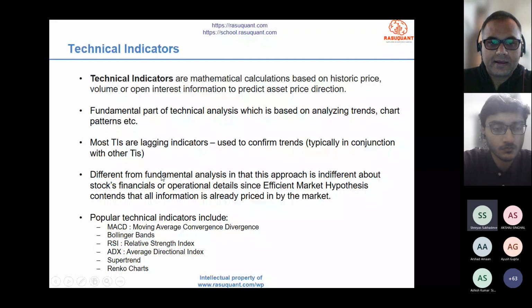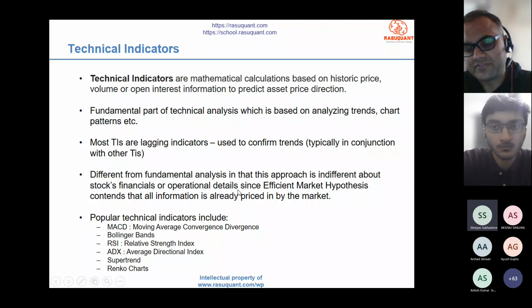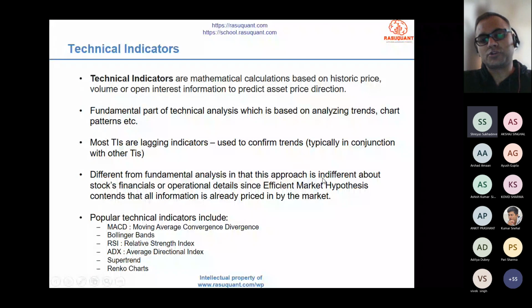All right. So again, there are two schools of thought. One school of thought says that fundamental analysis is important and technical indicator based trading is useless. They say that because the markets are supposed to be efficient, so this open, high, low, close information is not really relevant.